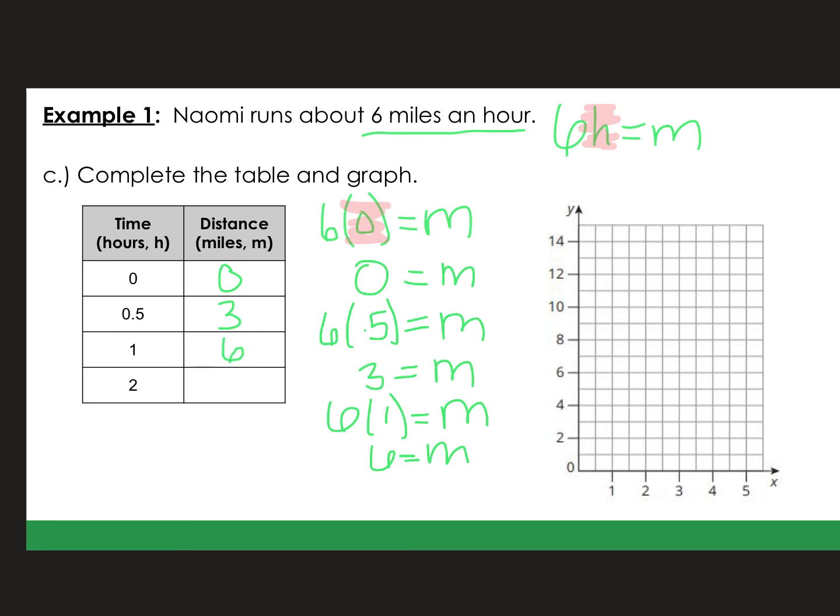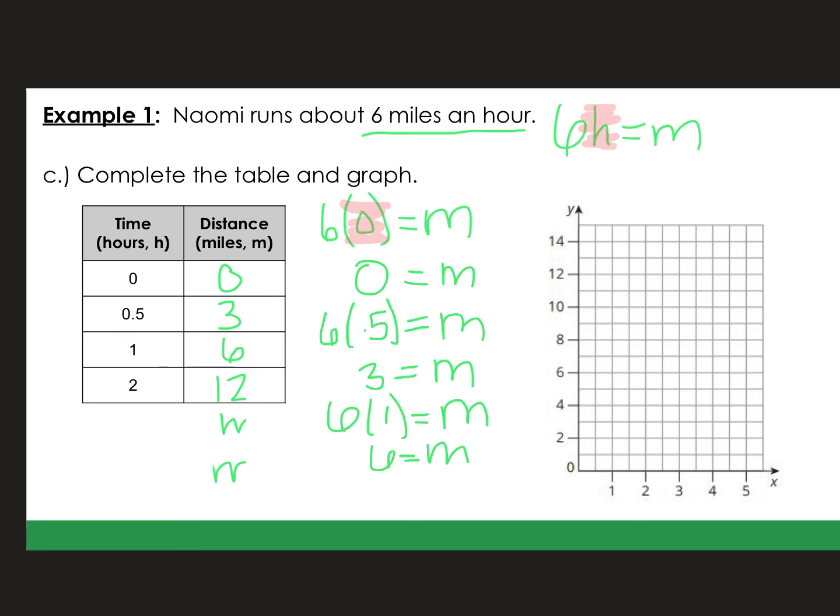And now, finally, I'm going to take the H out and put the 2 in. Sorry. 6 times 2 equals M. So in 2 hours, she ran 12 miles.